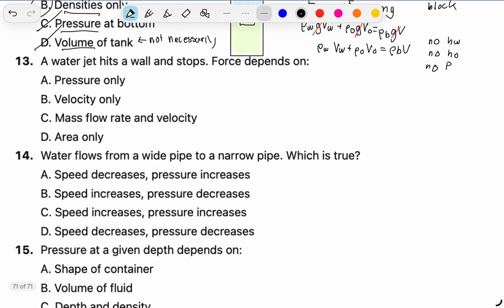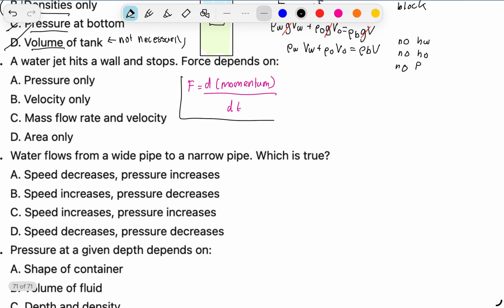A water jet hits a wall and it stops. The force depends on what? Well, we have to use our momentum principle. We know that force is equal to the derivative of momentum. You don't necessarily have to know this, but it's good to know for AP Physics 1.